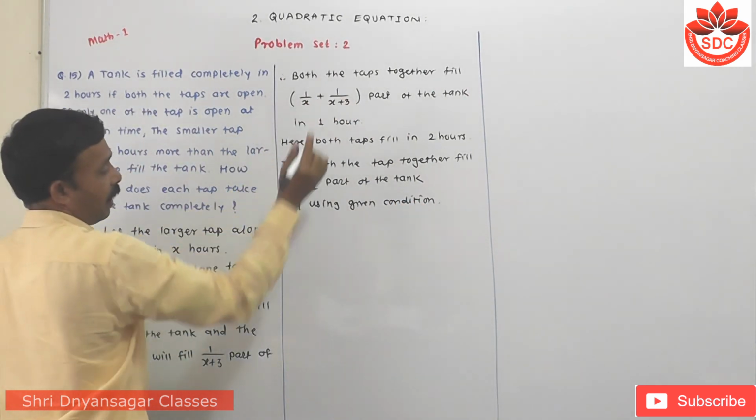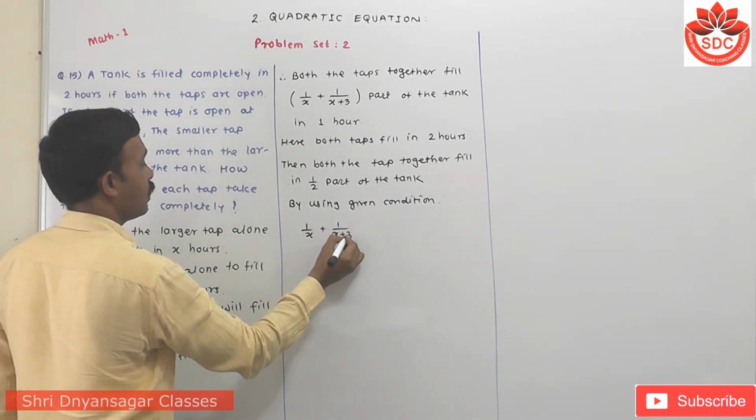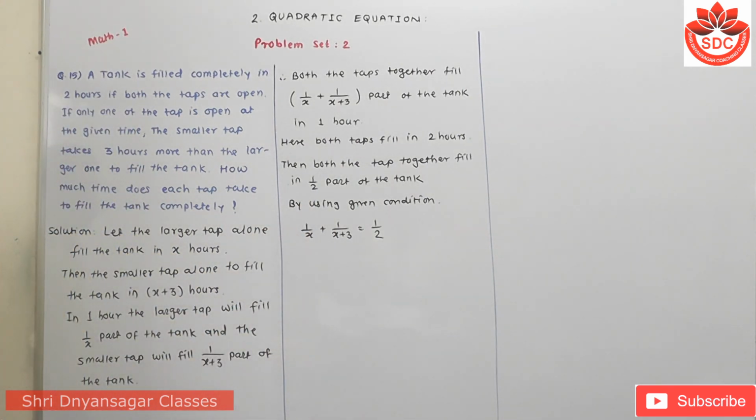Therefore, by using the given condition, 1 upon X plus 1 upon X plus 3 is equal to how much? Look carefully, students.